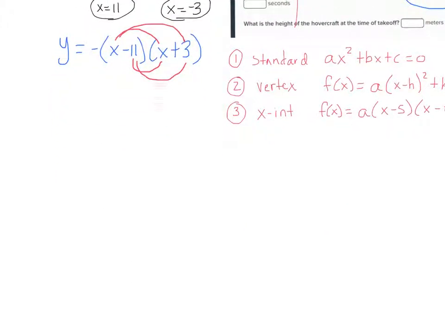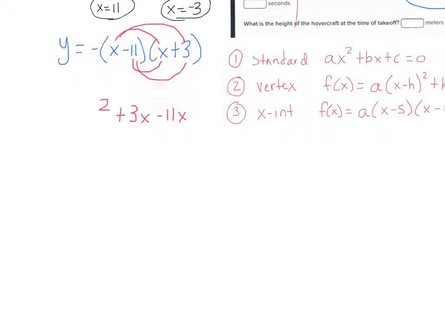So I've got x times x, and what does that give me? So I've got y equals negative, and then I'm going to put a parentheses, right? x times x is x squared. And then x times 3 is 3x. And negative 11 times x is negative 11x.